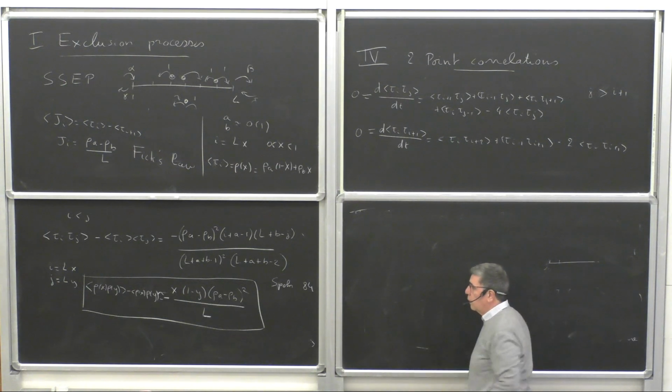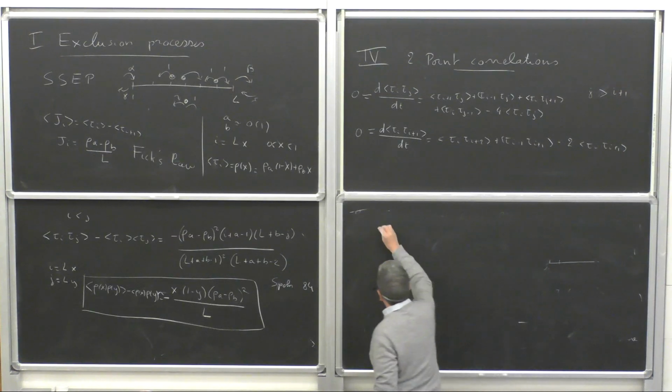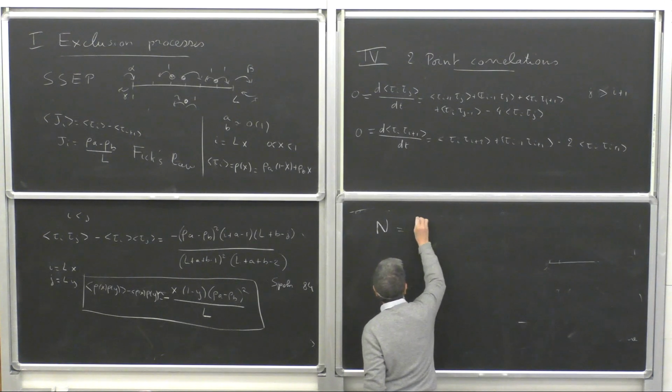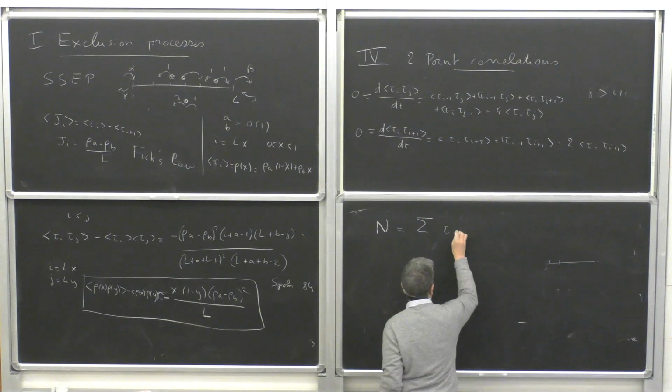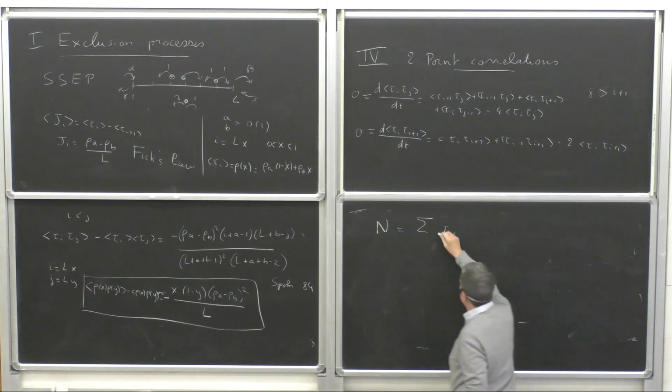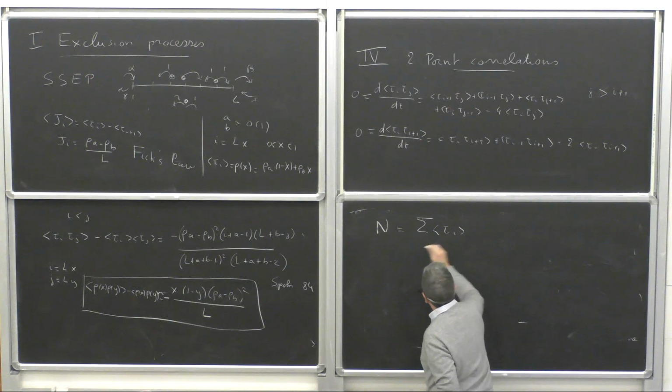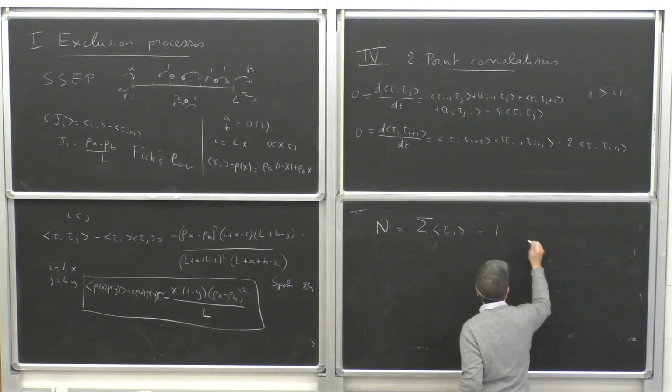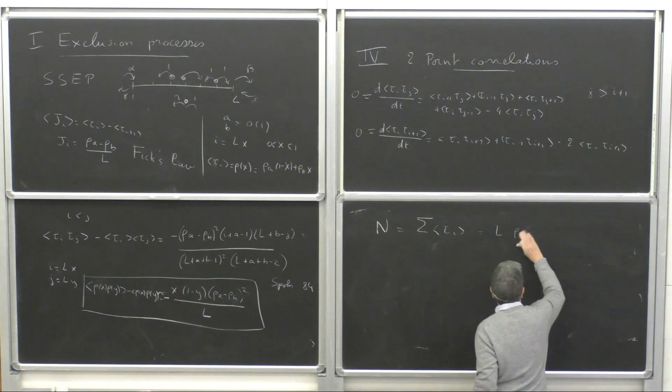So these are steady state correlations, and the number of particles in the system is just the sum over tau I. Okay, so tau I I know what it is. For a large system, N will be L times rho A minus rho B over 2.